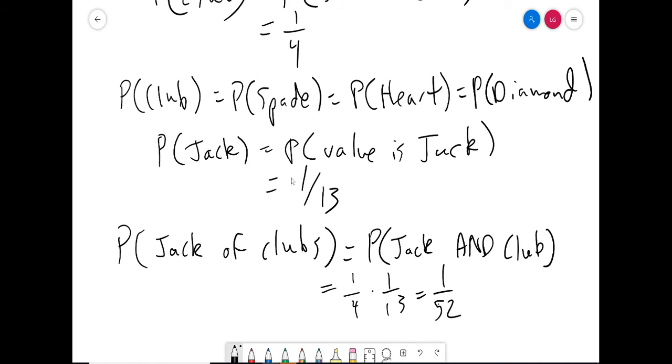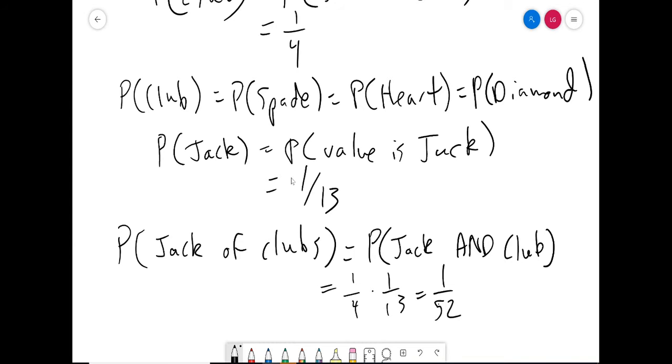why are they independent? What is the kind of earmark for this? Well, we need to think about conditional probability seriously to establish independence, which means essentially, if you have a jack, is it because of the virtue of being a jack, does it change the likelihood of the suit of the card?